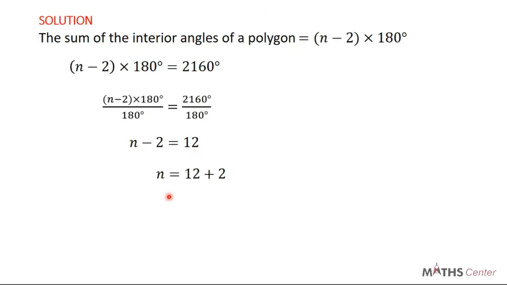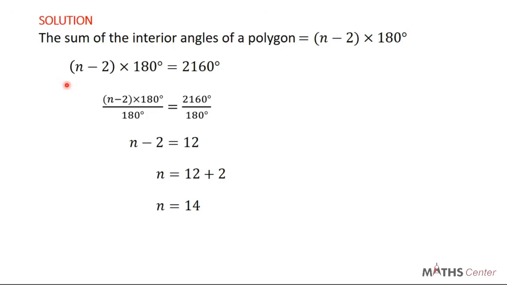So I make n the subject, and I'm getting the number of sides to be 14. So what it means is that the number of sides of the regular polygon is 14. So a regular polygon with 14 sides, if you sum the interior angles, you get 2160 degrees. I hope that is clear.